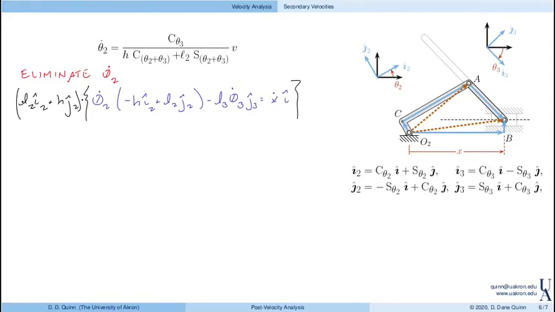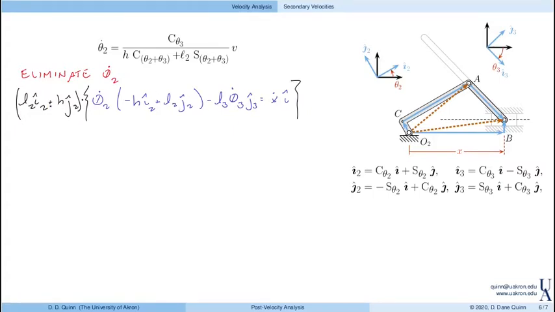So this is a little bit more work because now I have two things that I have to dot. But again, it gets rid of this theta 2 dot term because minus L2 h, and then plus h L2 is equal to 0.